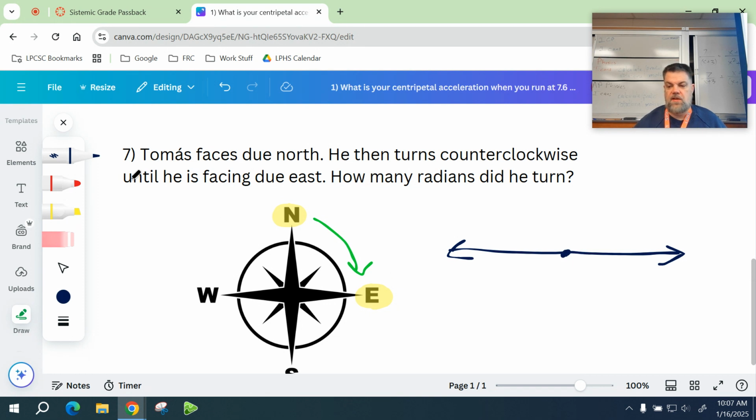Actually, from here to here is 180 degrees. A straight line is 180 degrees, but in radians, it's equal to pi. Okay?